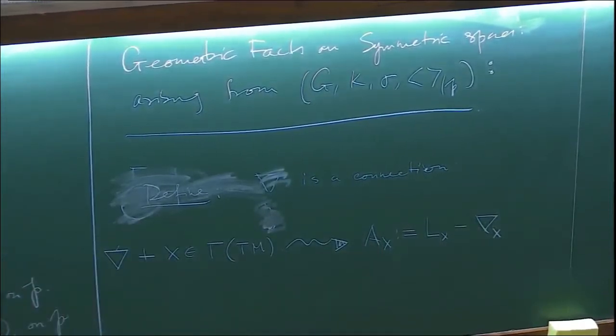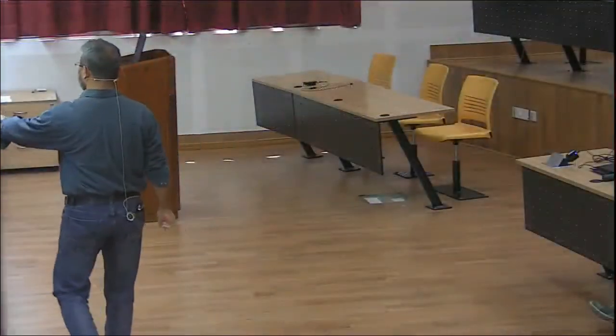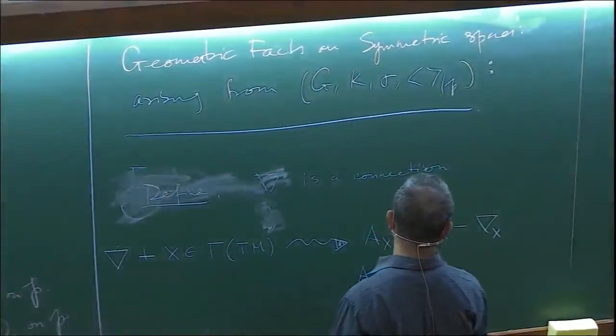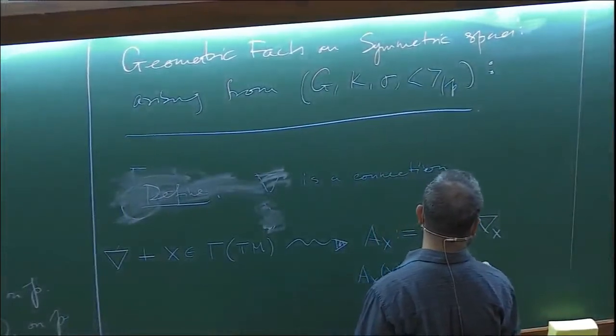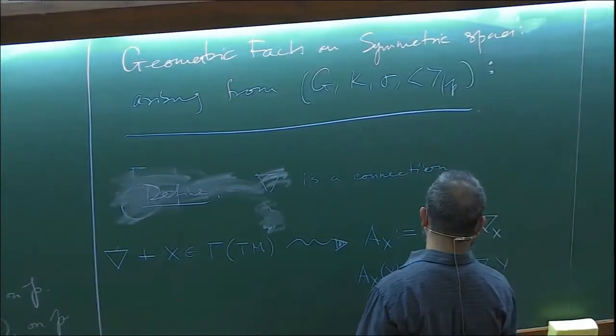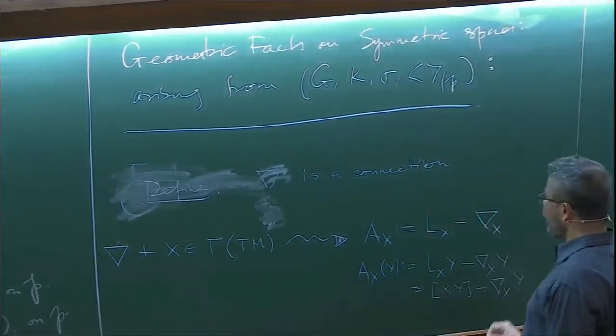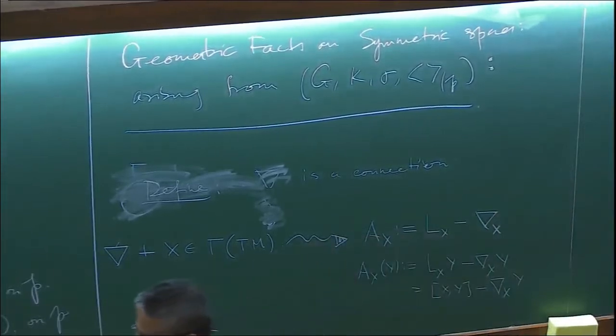This is a tensor. And what is Lx? Lx is the Lie derivative, and this is the usual one. So Ax y is defined to be simply Lx y minus nabla x y, which is the bracket xy minus nabla x y. Since I'm taking differences of two derivations, it becomes a tensor.